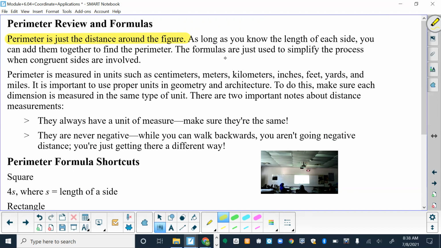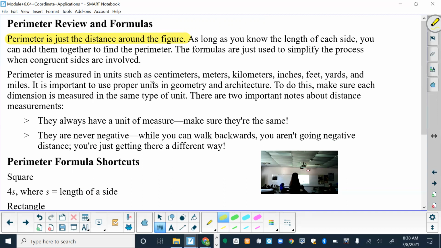Perimeter is measured in units, so make sure your answers have units. So like centimeters, meters, kilometers, it'll tell you what units. If it doesn't tell you the units, just write units. It is important to use proper units in geometry.